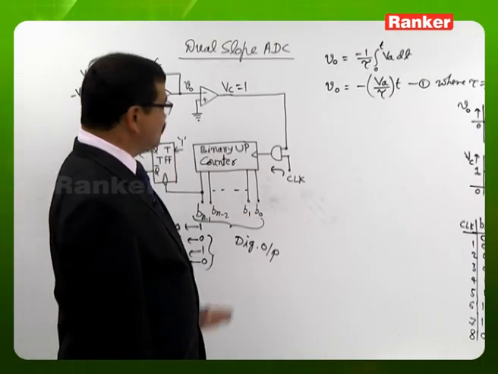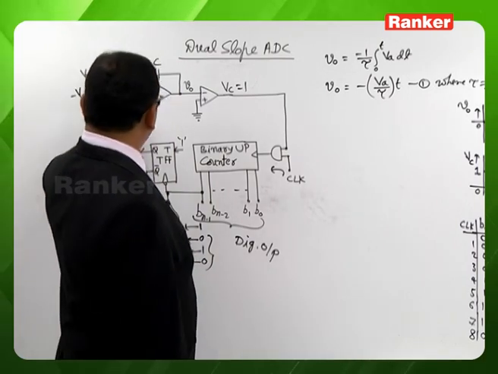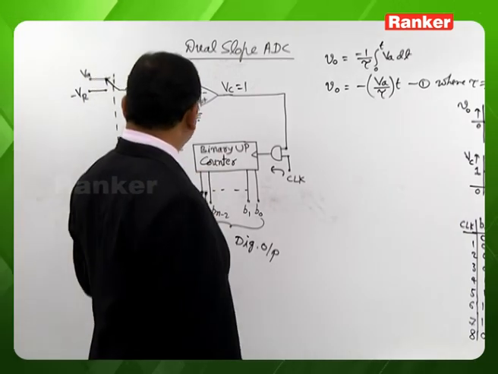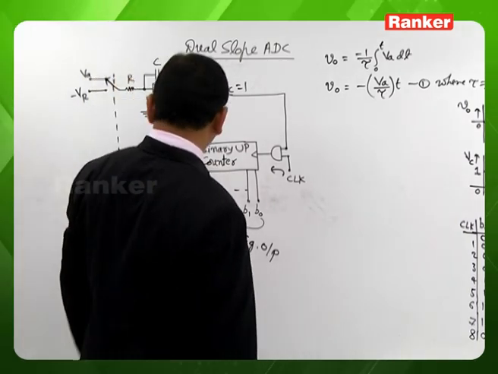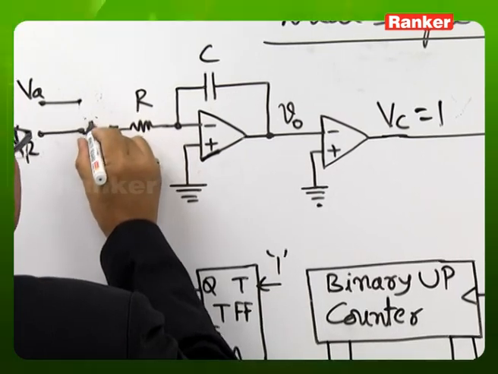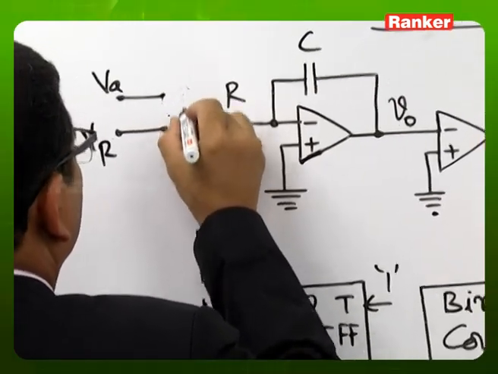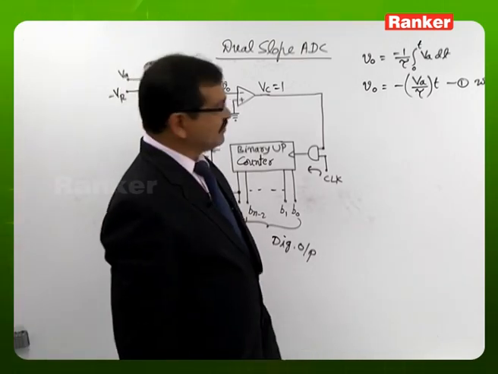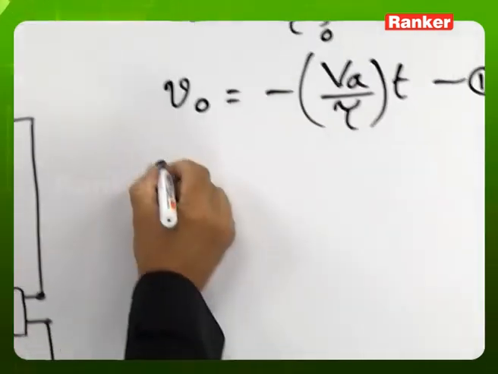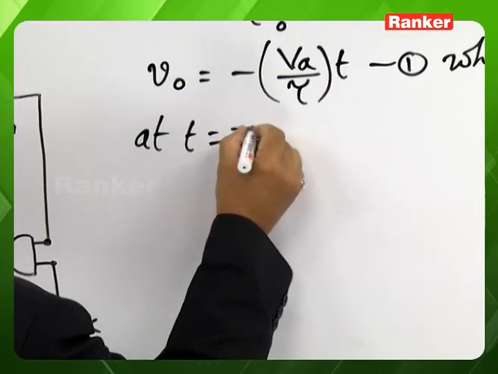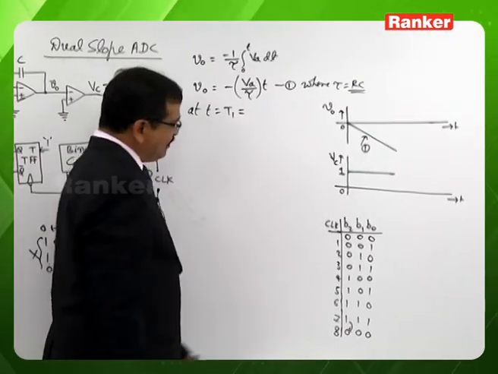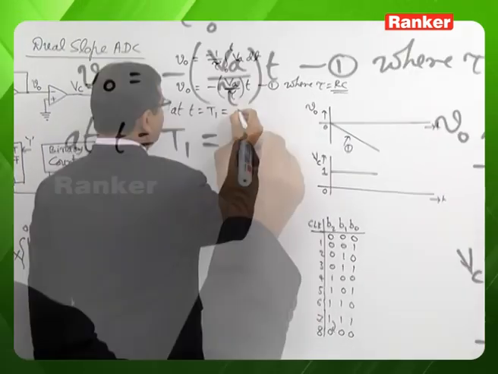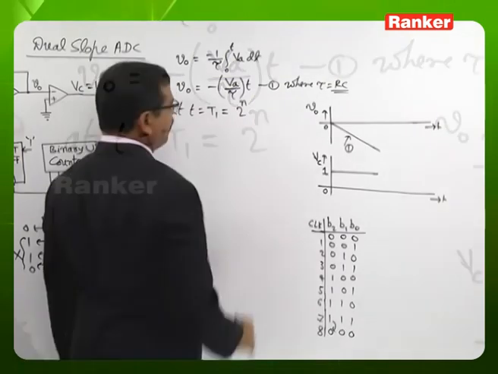Whenever the T flip-flop toggles, the switch changes from VA to minus VR. In fact, it happens at t equal to T1, where T1 is, for the 3-bit case, 8 clock pulses. For the n-bit case, it is 2 to the power of n clock pulses.